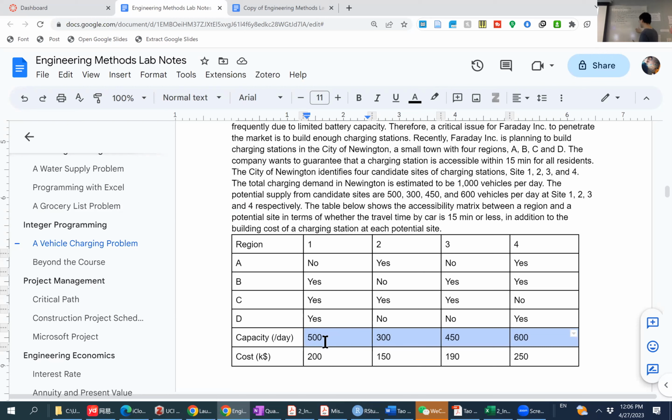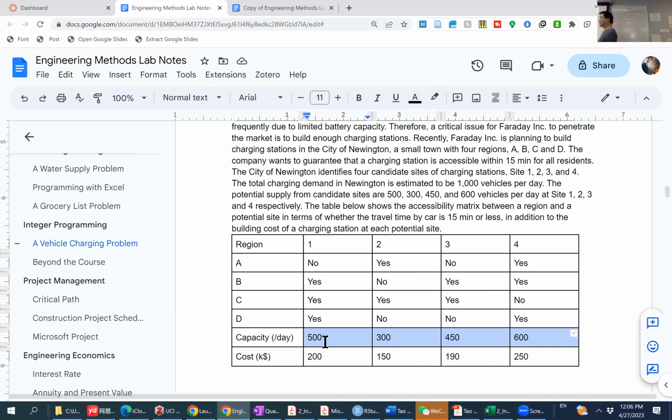What it means is that, first, residents from region A are able to reach a station if it's built at site 2 or site 4. If the stations are built instead at site 1 or 3, according to this table, residents in A won't be able to reach the stations within 15 minutes.